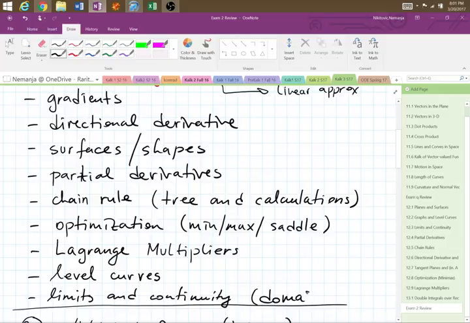I'm also going to put domain in parentheses, the domain of the function. Because now it's the xy plane. It's a region.